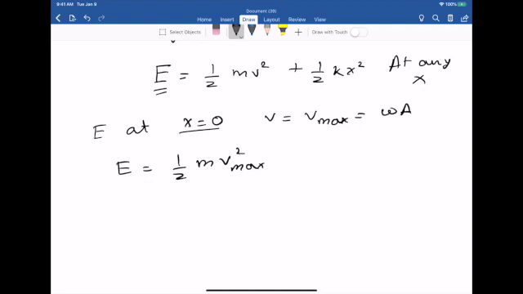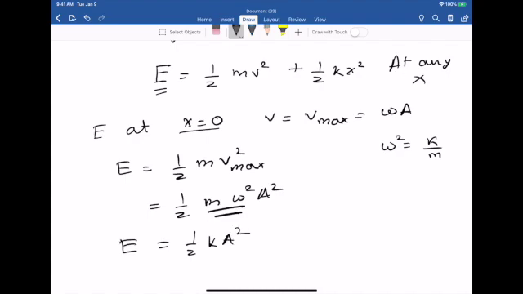There is no potential energy, it's all kinetic energy. If we plug in the Vmax, which is omega A, we get omega squared A squared, right? And so what is m times omega squared? Omega squared is defined as k divided by m. So m omega squared is just k, so we get half kA squared. So half kA squared is the total energy of the simple harmonic oscillator.